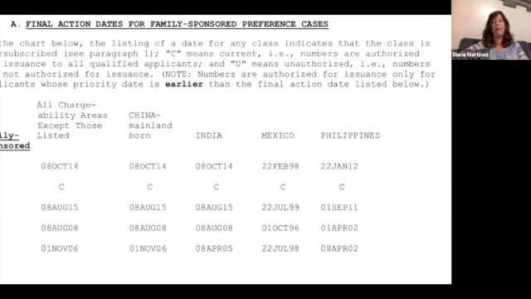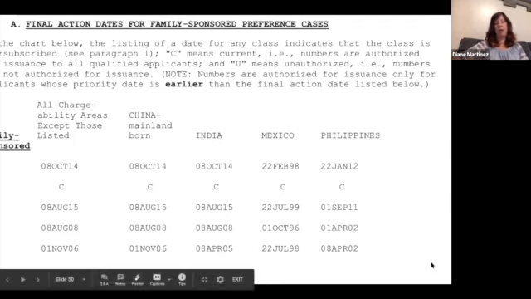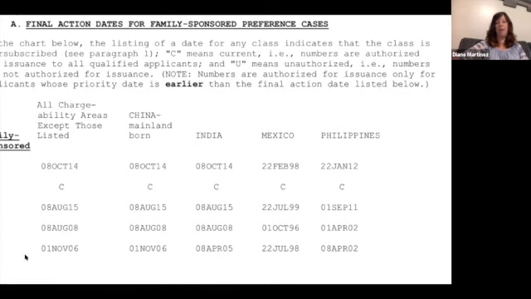The wait times, as Juana stated, are astronomical, especially for Mexico and the Philippines. For the F4s, those are brothers and sisters. Many brothers and sisters have applied for each other, within the United States and out of the United States, and are just waiting for the visas to be approved.